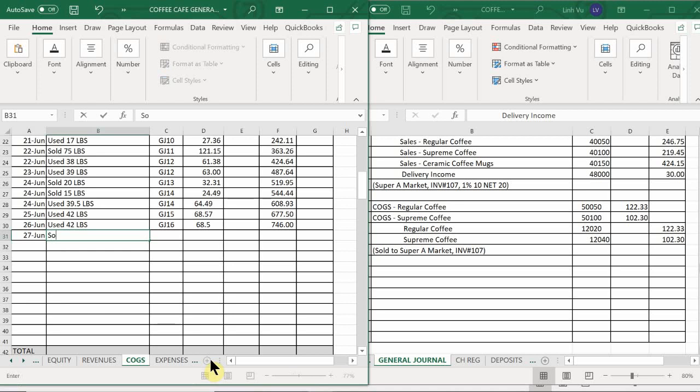We sold 75 pounds. General journal 16. Our debit amount is 122.33. And that brings our total to 860.83.